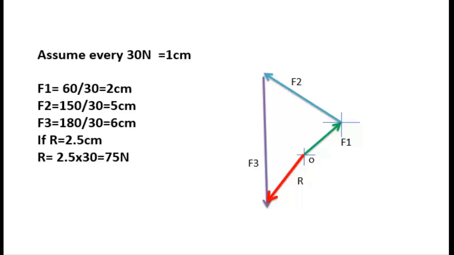And its direction will be the inclination of this force. Then the length of resultant R will be equal to 2.5. We can multiply this 2.5 by 30, and it will be equal to 75 Newton.